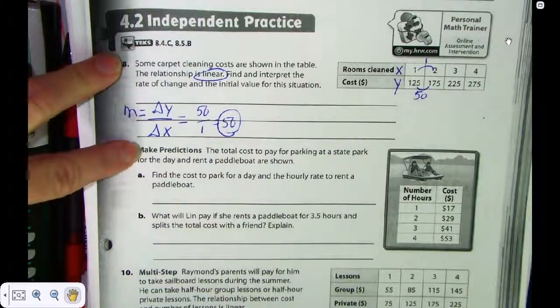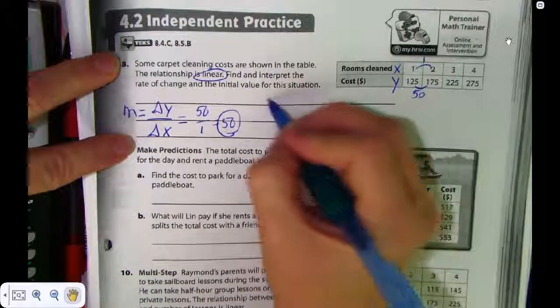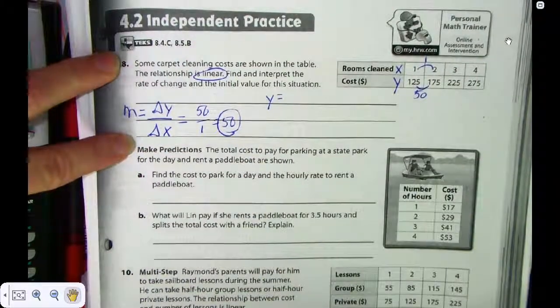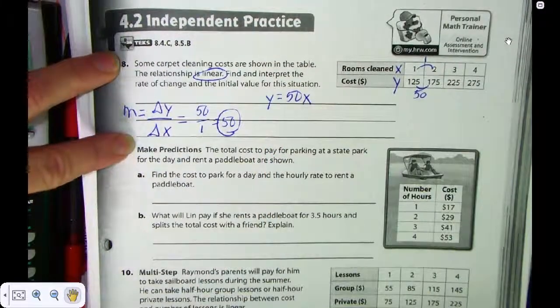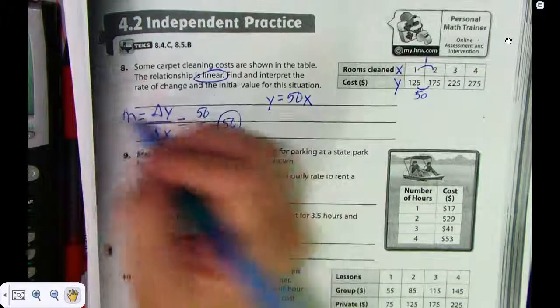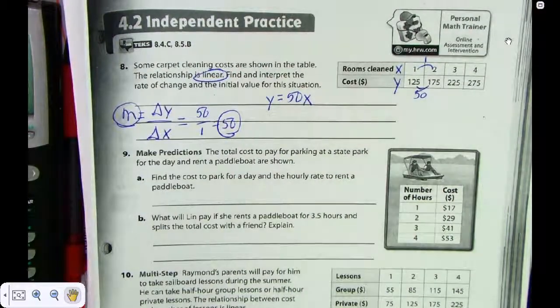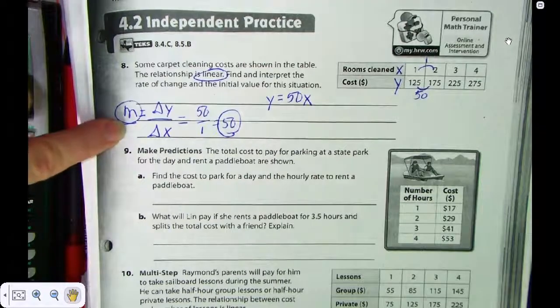So who knows how to write the equation now to find the cost of each room getting cleaned? 50x. 50 is the rate of change, which is also the slope. Guys, the slope is your m.